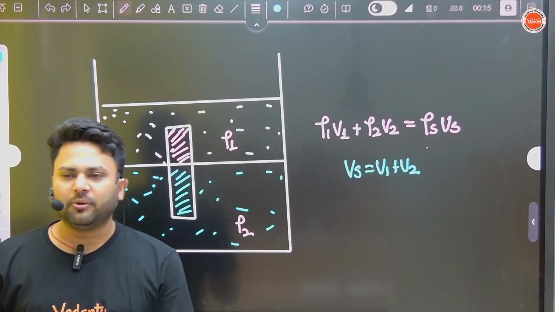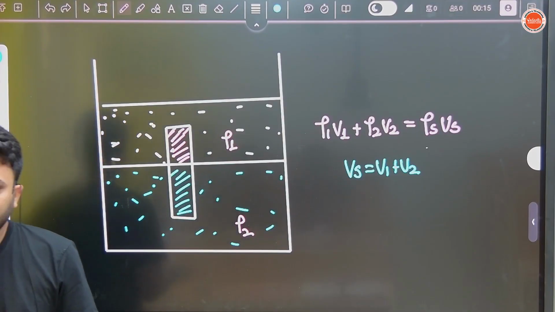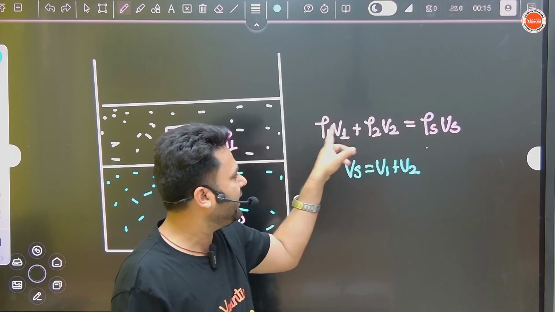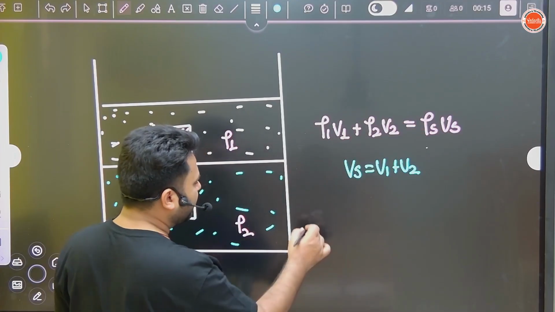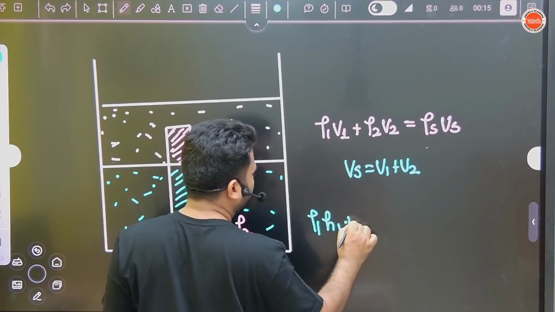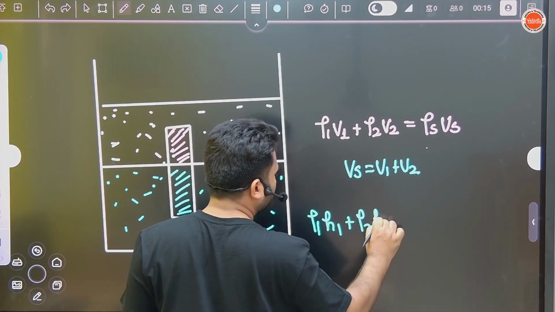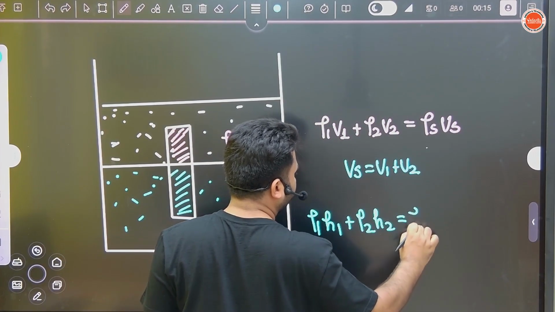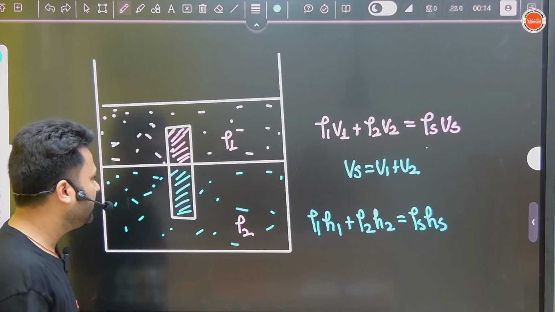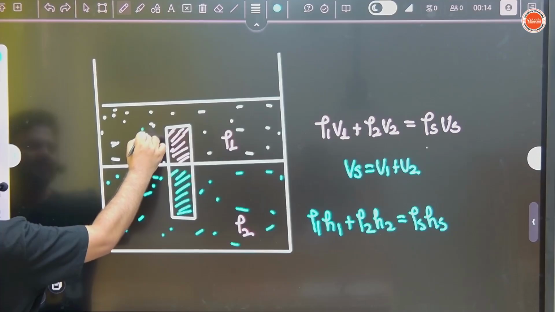As we know, volume equals area into height. In all the places I write area into height, and the area will cancel. So we can write it like this also: rho 1 H1 plus rho 2 H2 equals rho s Hs. What is H1? The height of the object which is inside liquid 1.